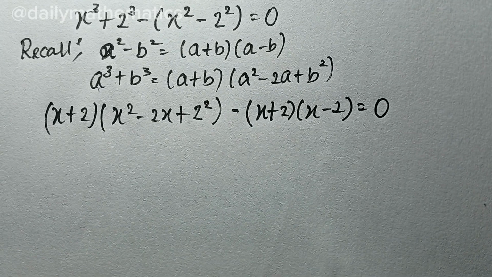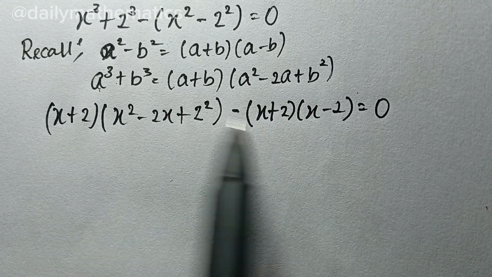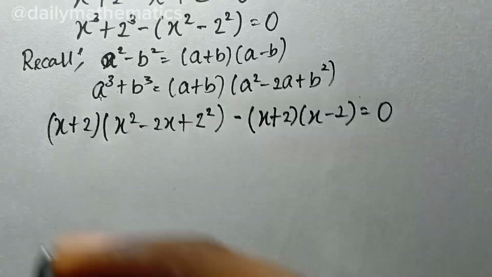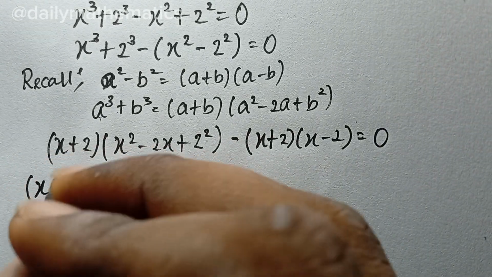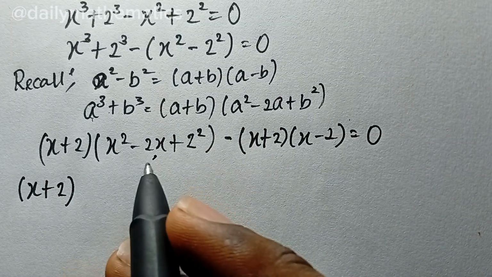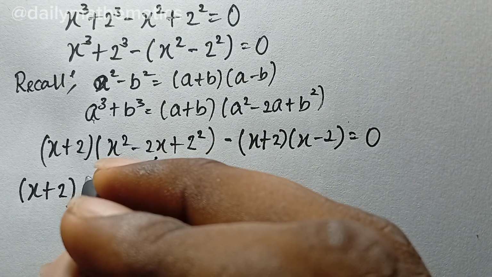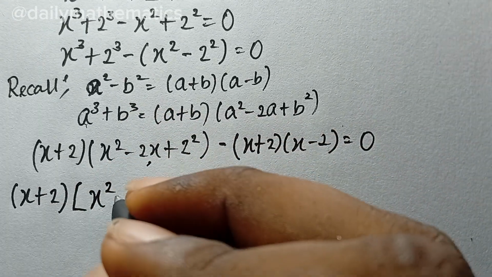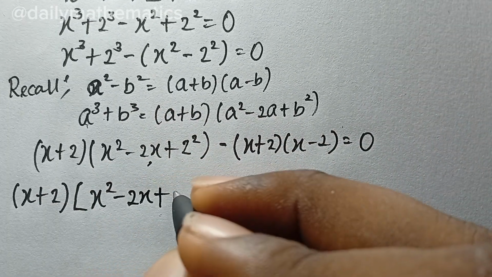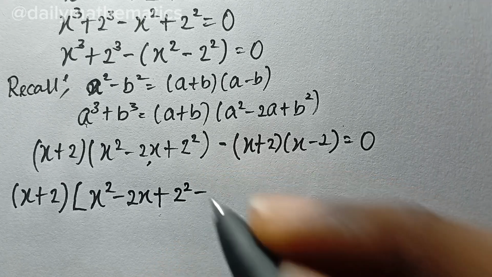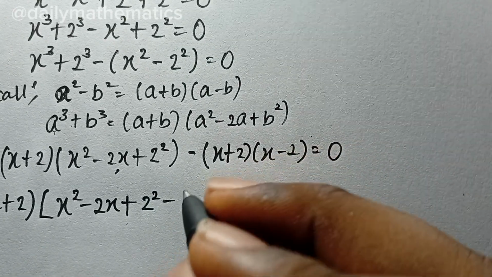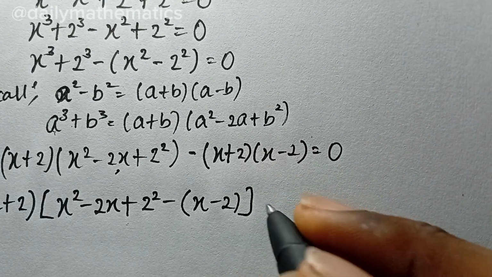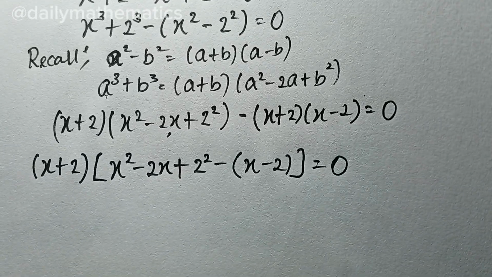And so from here, what's the next thing? So from here we can see x plus 2 is common at both this side and this side, so we can bring out x plus 2. So we have x plus 2. When we bring it out, this one remains here, that is x squared minus 2x plus 2 squared minus, and when we bring it out from here, this one remains, minus x minus 2. Then we have equals to 0.